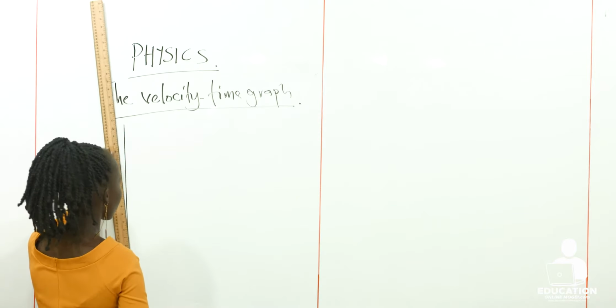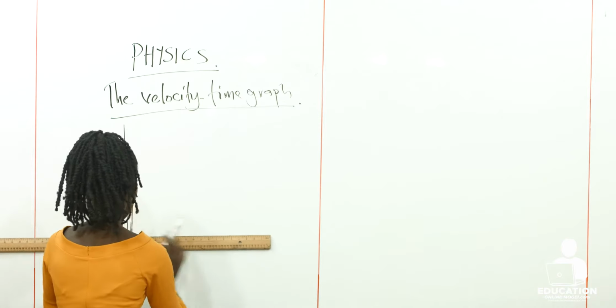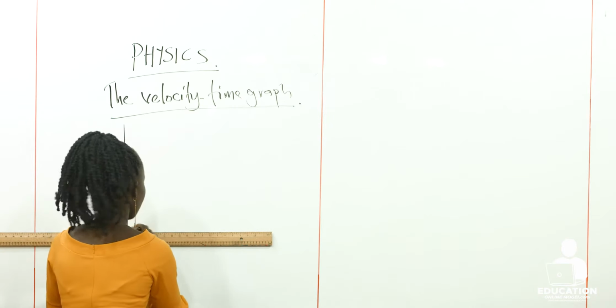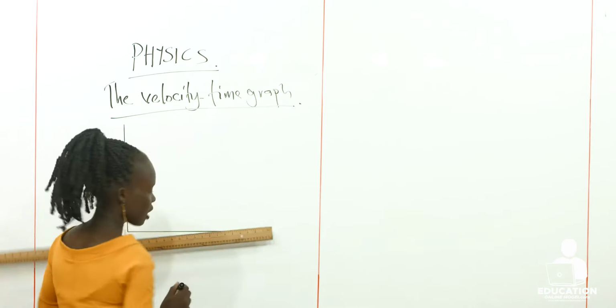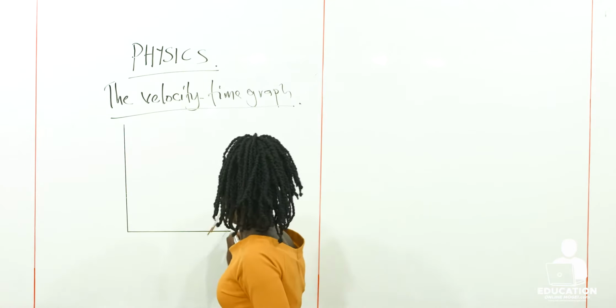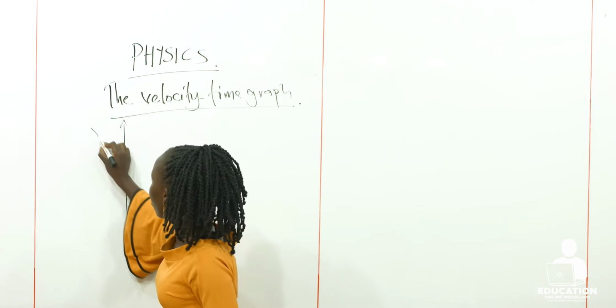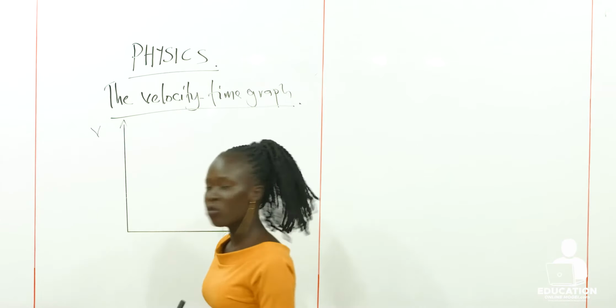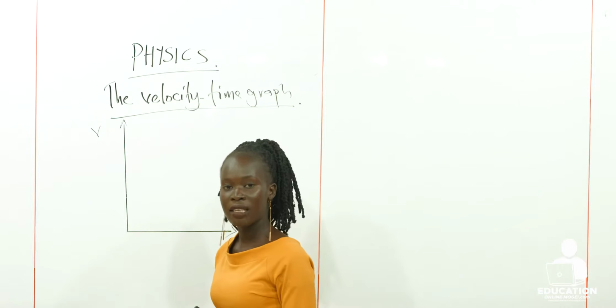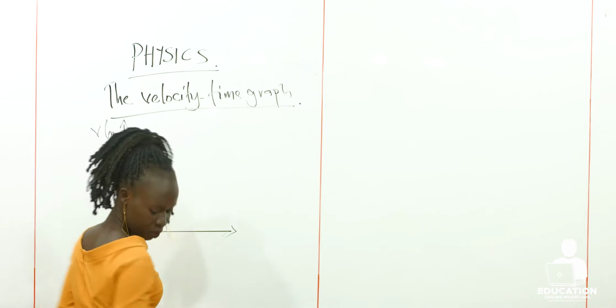We have the y-axis, which is the vertical line, and then the x-axis here, which is the horizontal line. With the velocity time graph, you will have the velocity on this axis, but remember not to forget the SI unit.